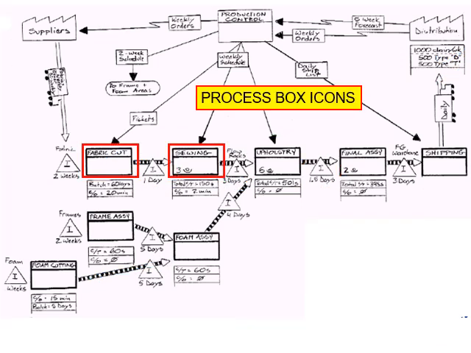For each process, we need to go and have a look at what happens at this process. For example, this process produces 3 parts at one time. We have something called the cycle time.